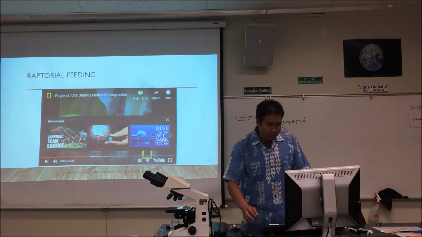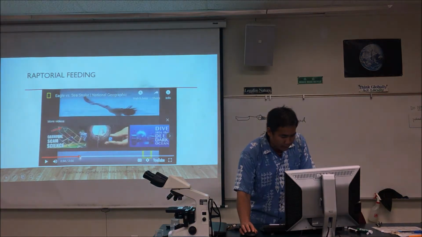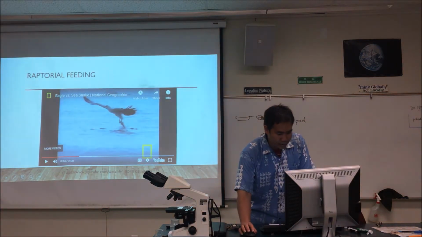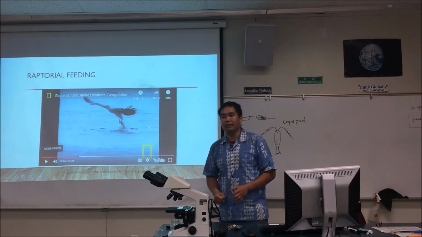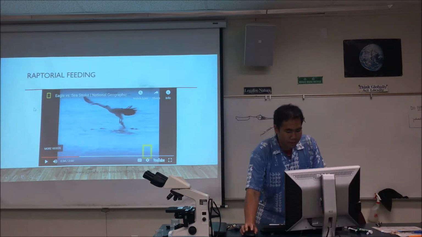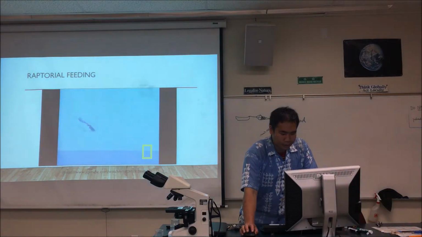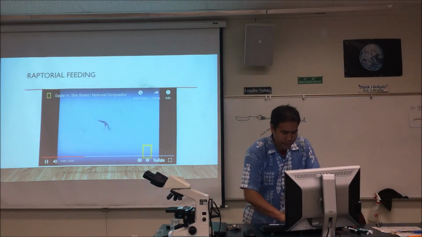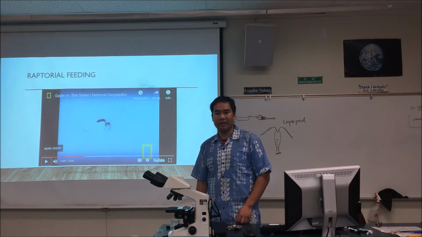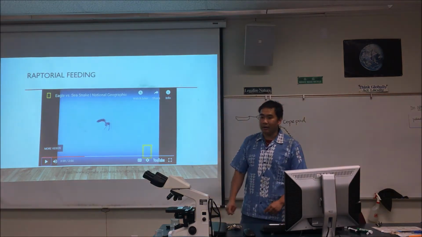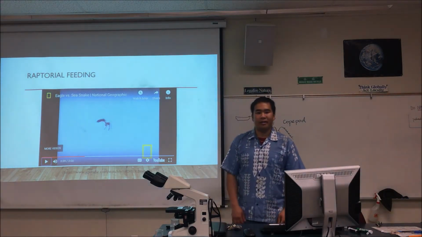Second of all, we saw the eagle grabbing it using its talons, raptorial feeding right there. Did you guys notice what body part it was grabbing? Yeah, it was grabbing its head, probably to prevent being bitten, because sea snakes are super venomous. And then it eats it, and there you go.